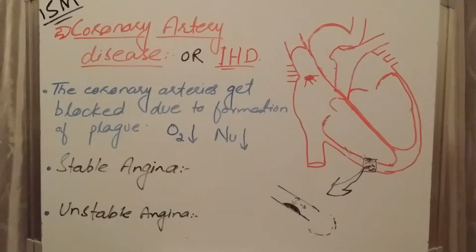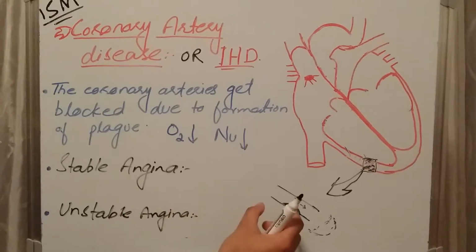This condition is still providing oxygen to that region of the heart, so it is a temporary coronary disorder, or we may say temporary angina. This condition is what we call stable angina, because it is not so dangerous.